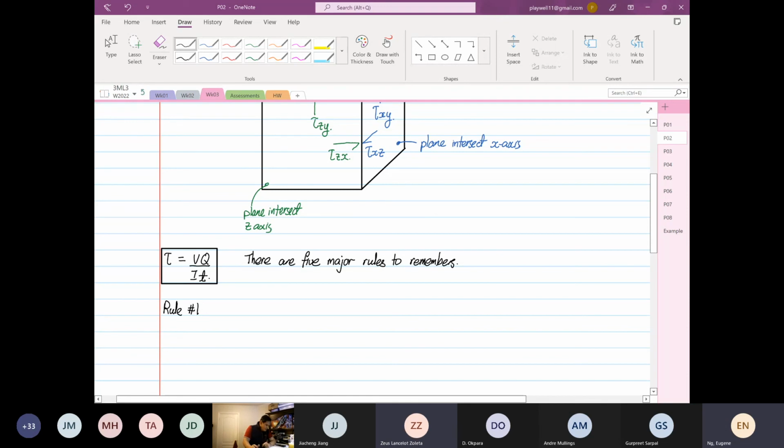Rule number 1. Okay, V and I, the shear force and the second moment of area I are constant, regardless of the point of interest.